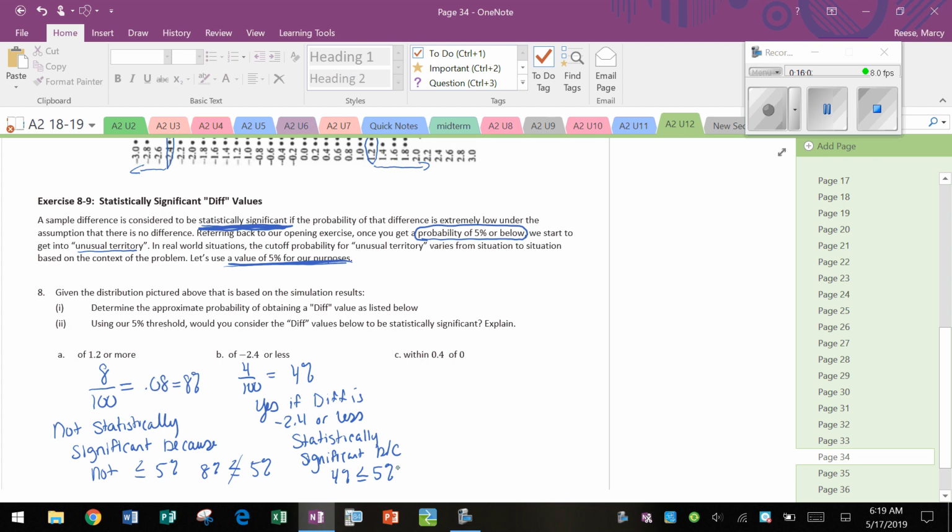Okay, what about for C? Within 0.4 of 0, including, that means including 0.4, by the way. So go on up and count within 0.4 of 0.